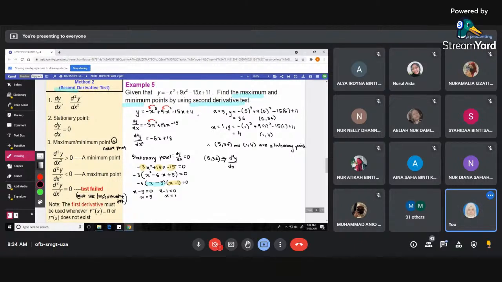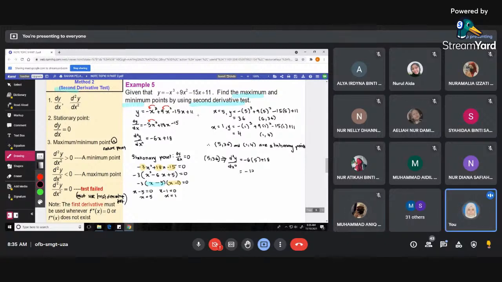Yang pertama adalah negative 6x tambah 18. Darab dengan 5 tambah dengan 18. You all kira. Saya nak tahu nilai dia berapa. Negatif 6 darab 5 tambah 18. Berapa jawapan dia? Okay. Negatif 12.